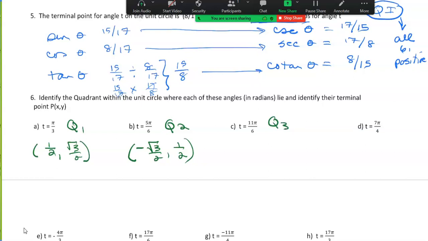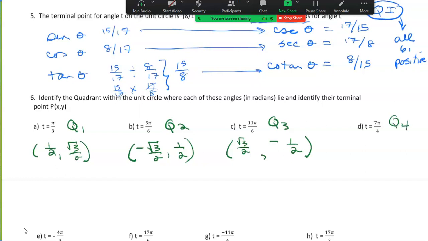And in quadrant 3, I know that y is negative, so when I pick out my coordinate pairs, I know that y is negative. Now go up to quadrant 1 and look for the angle pi over 6 and use those coordinate pairs, knowing that you're going to make the y value negative. Okay, that's done. Okay, 7 pi over 4, you're going to be in quadrant 4, so indicate that.